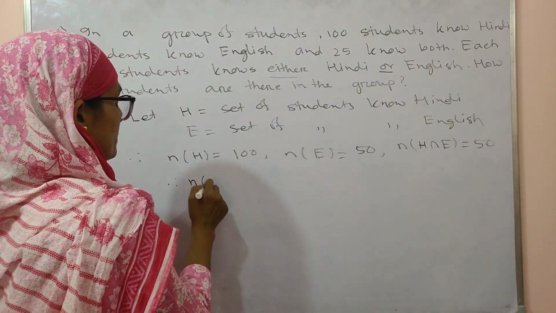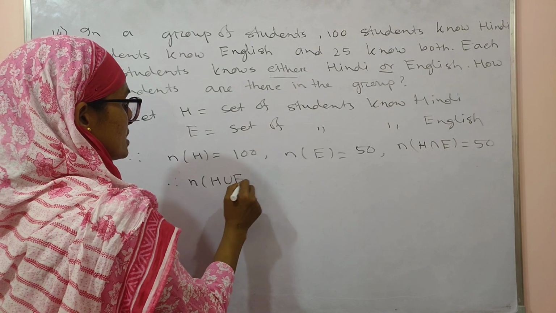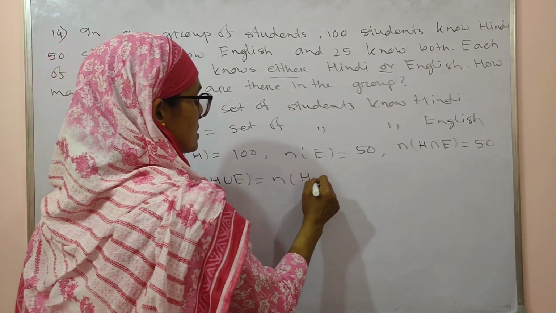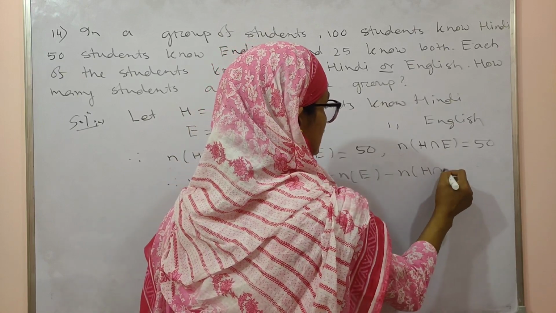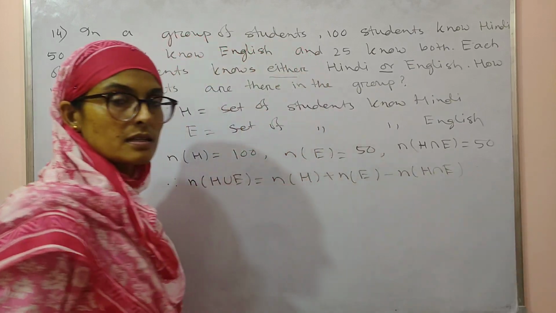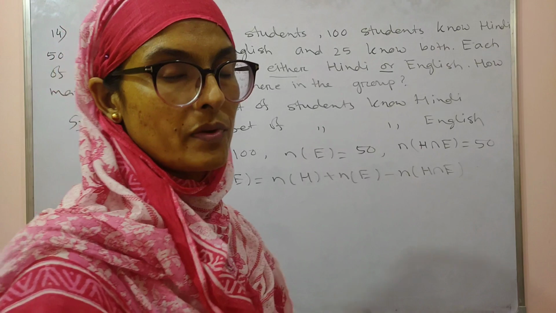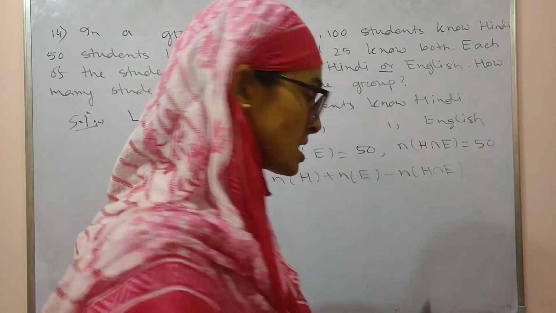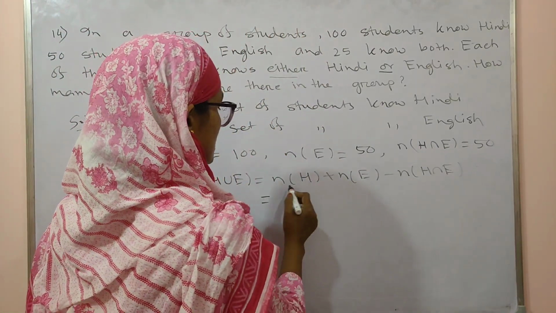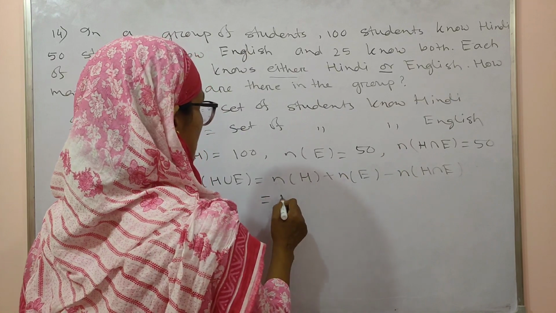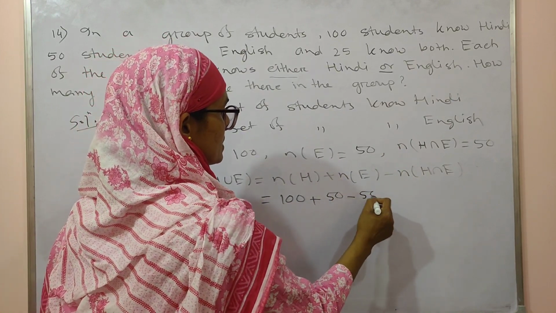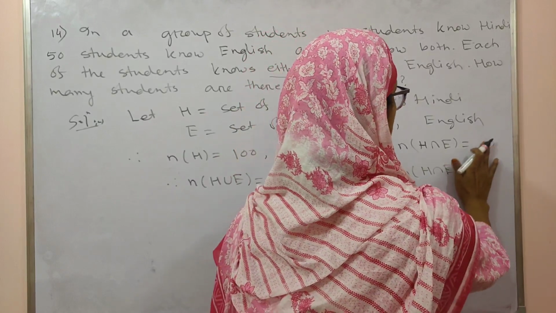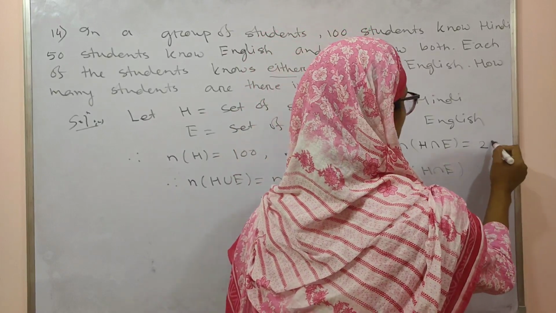Therefore, number of A union E equals number of A plus number of E minus number of A intersection E. This is the formula. Now put the values. Number of A is 100, number of E 50, number of A intersection E here 25.